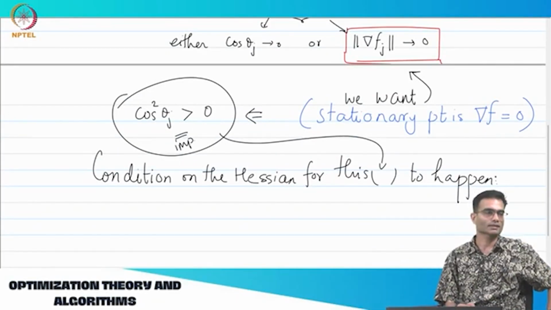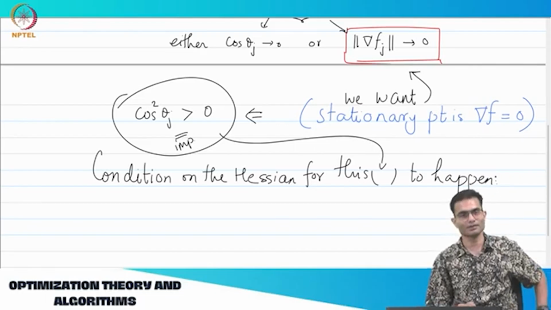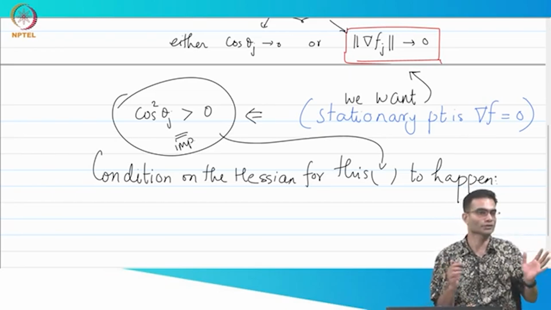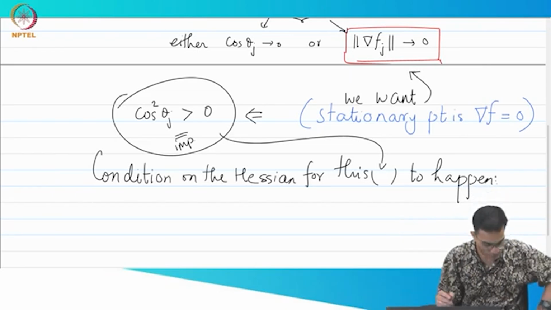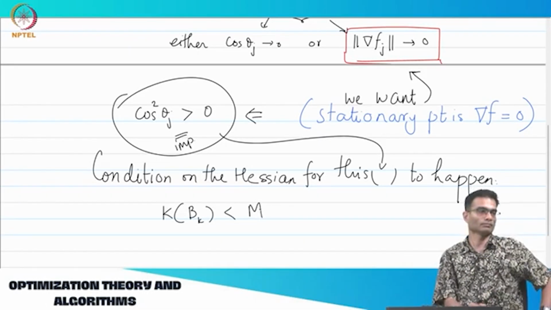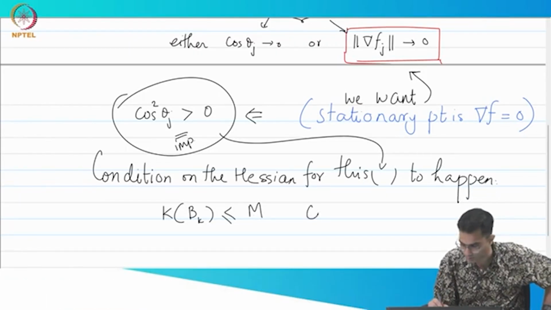And that condition, it's kind of funny to say it, is that the condition number of the Hessian should have a bound. It should not be arbitrarily large. Okay, so that condition is kappa of Bk is less than M. Okay, now we'll show why this is the case. Okay, this is the condition number.